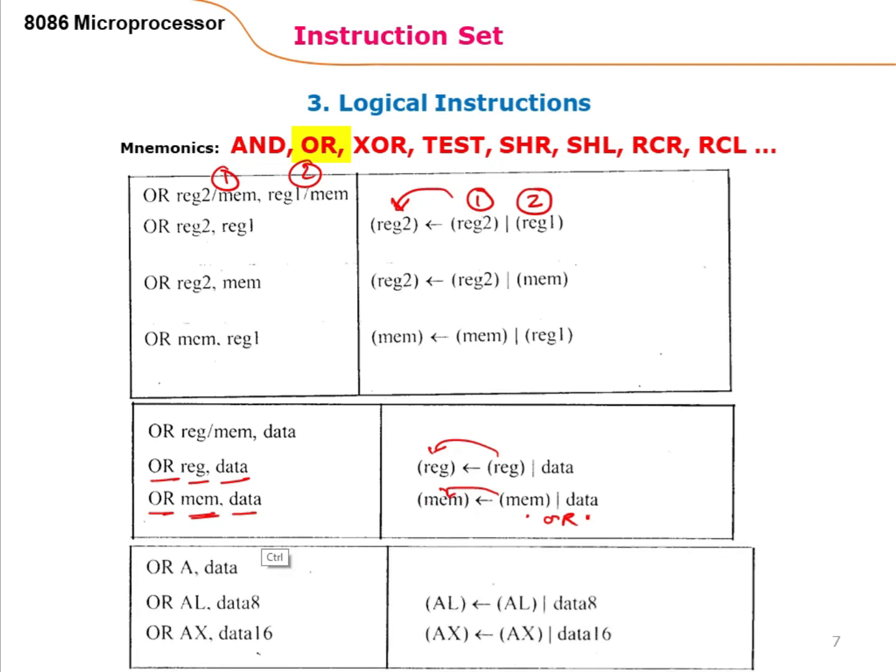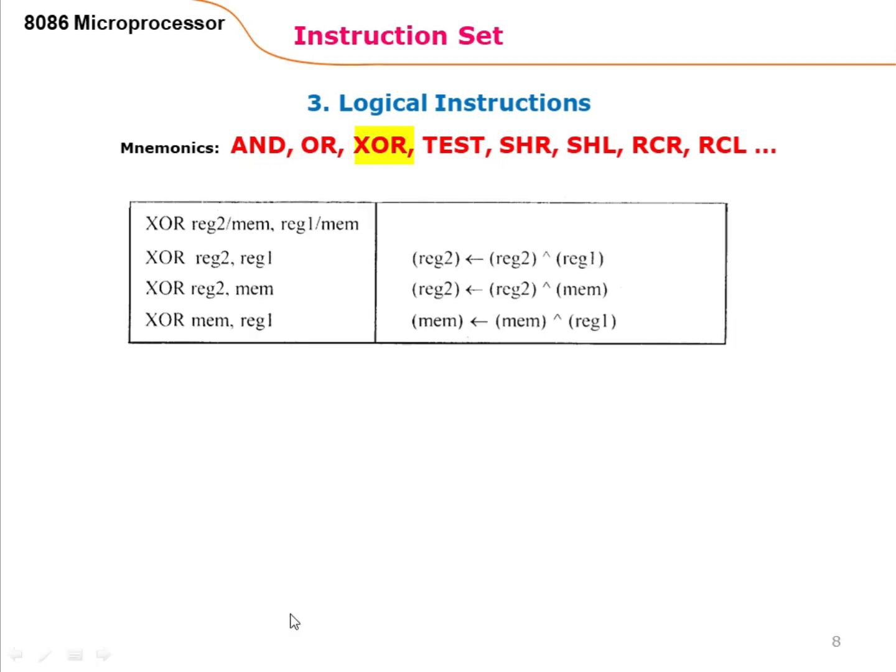The data can be 8-bit or 16-bit, and we have to choose the register or memory according to the given data. So we can use this OR instruction on immediate data of 8 bits or 16 bits.